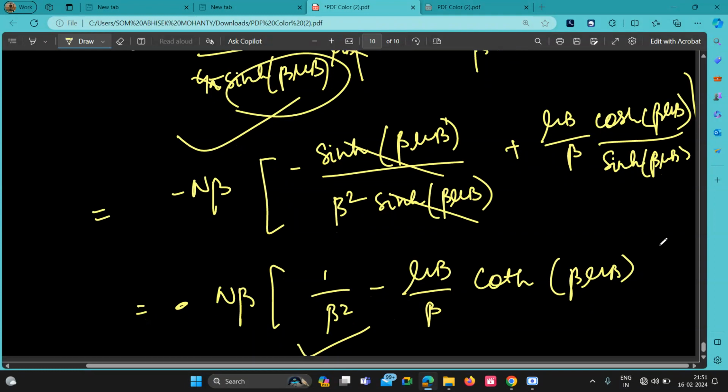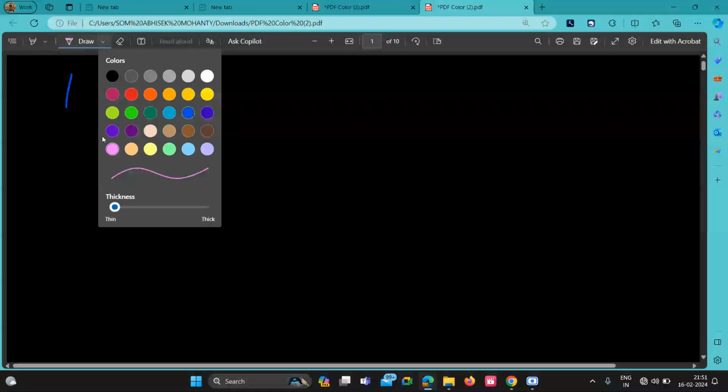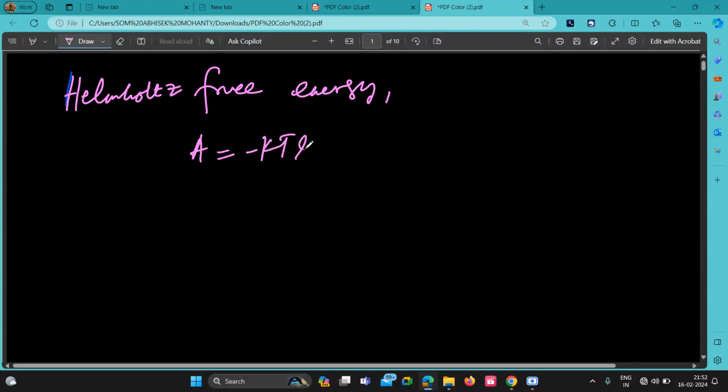This is your internal energy. Free energy is equal to minus KT ln Z. So put the value of Z here.